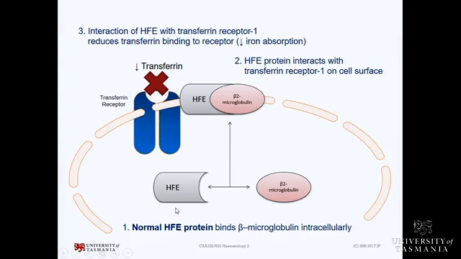So HFE protein is responsible for binding to transferrin receptor 1 and reducing its ability to transport transferrin into the cell, and it's responsible for signalling the production of hepcidin. So it has two roles there.